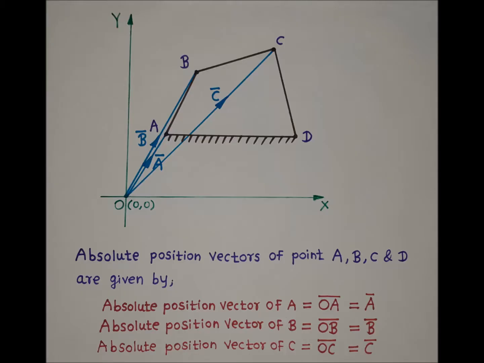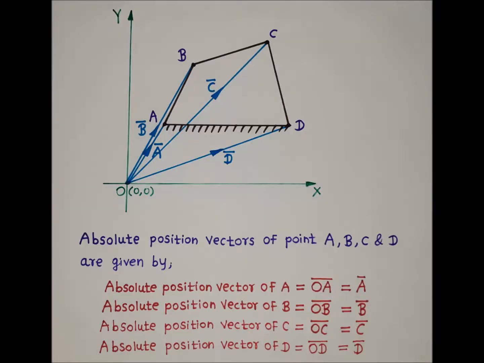Now we will locate the absolute position vector for point D. Again we will apply the same strategy. We will draw a line joining origin and point D. The arrowhead will be directed towards point D. What will that vector represent?